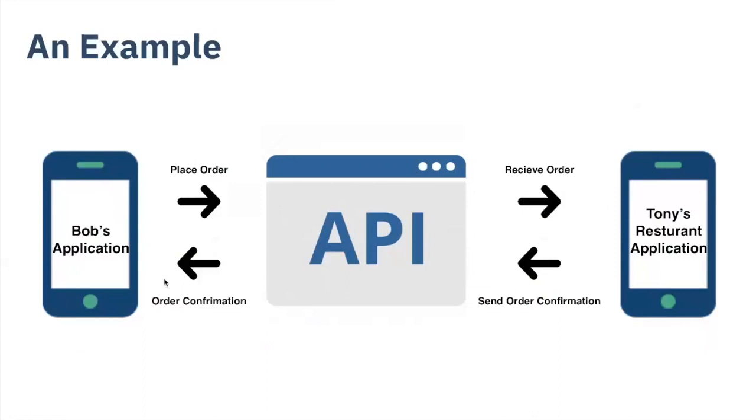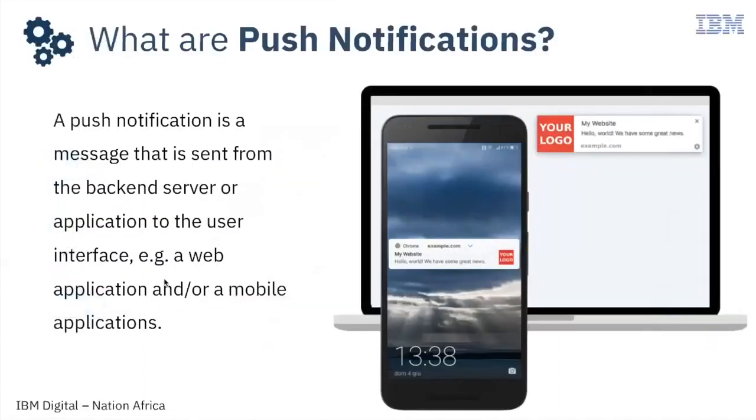Okay, so this is the first part of today's webinar. Now, let's look into what push notifications are, and these are the two technologies which we'll be utilizing in today's demo: APIs and push notifications. So what is a push notification? I'm sure all of us have interacted with push notifications at one point or another.